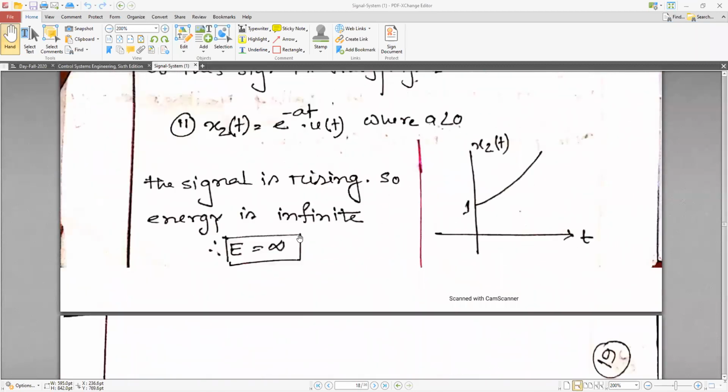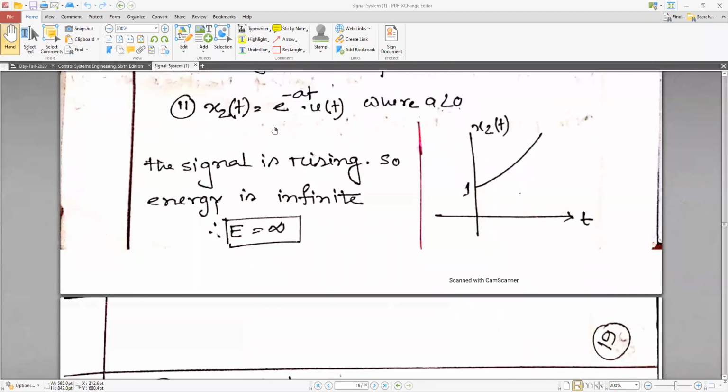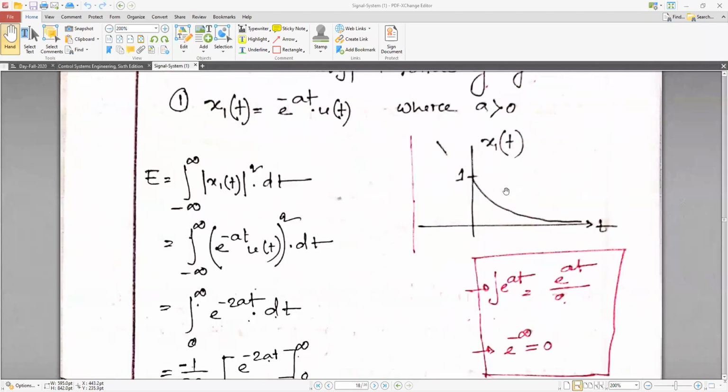Now our second example, x2(t) is equal to e to the power minus at u(t), where a is less than 0. In the previous one, that was x1(t), because a is greater than 0, and this kind of signal would be there.